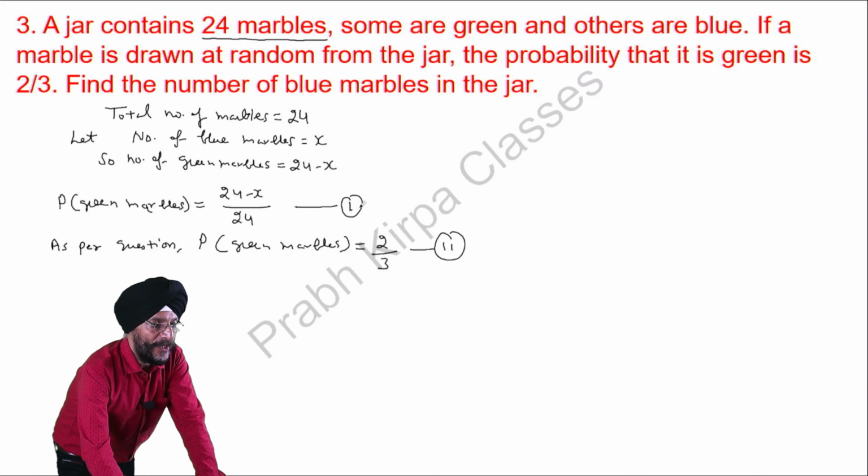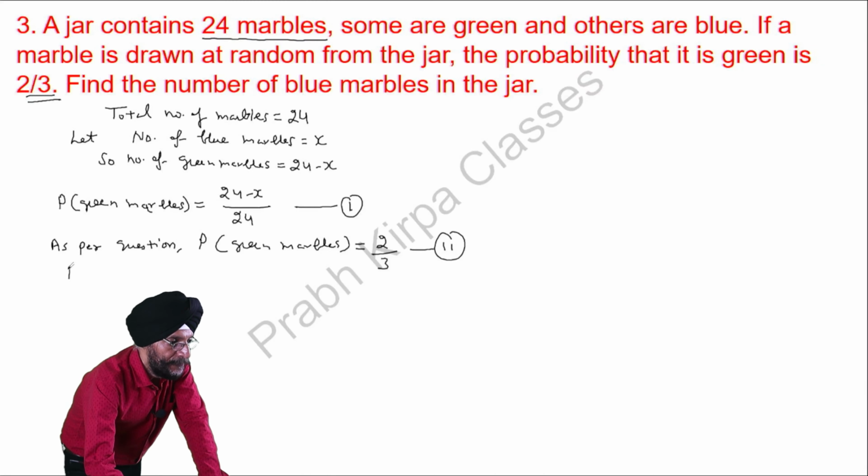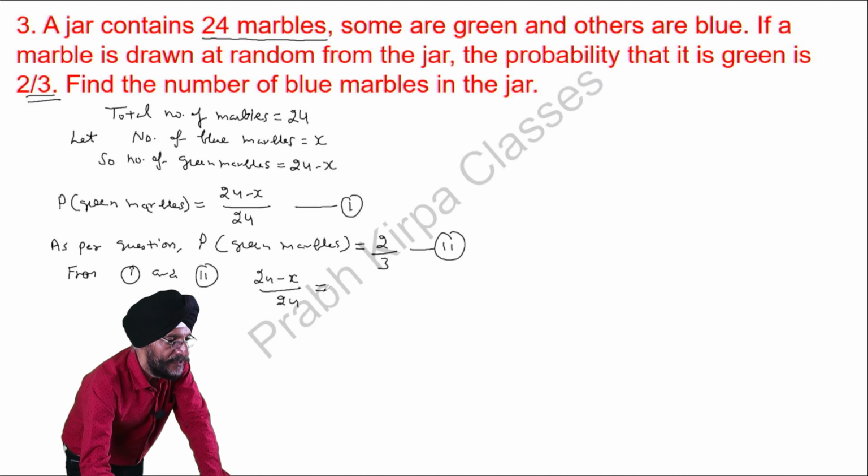This is what we have calculated for the probability of green marbles, and this is what has been given in the question. The probability of green marbles is 2/3. From 1 and 2, (24 minus x) over 24 is equal to 2/3.